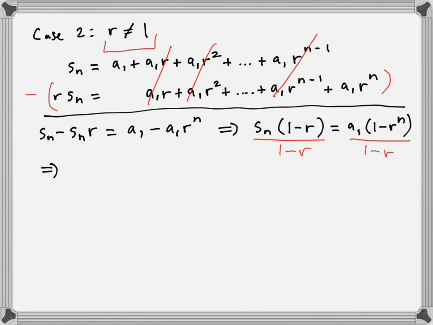Remember, we're assuming that r is not 1 for this case, and so that's why we're allowed to divide by this. So this is what Sn equals. If I distribute this, it looks like this: a1 over 1 minus r, minus a1 r to the n over 1 minus r.